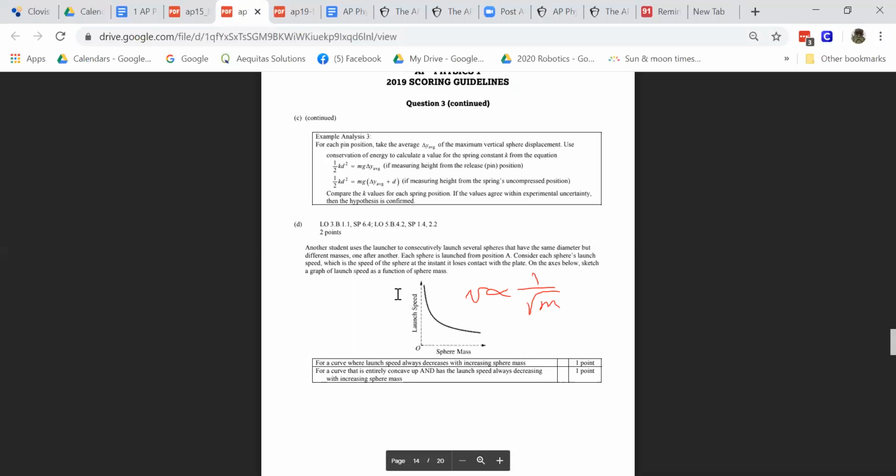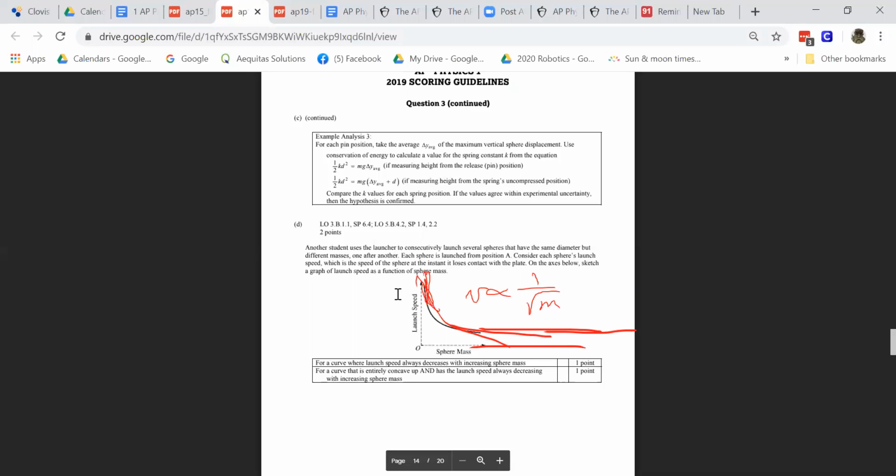I was getting a little confused, but what I did to unconfuse myself, I said, well, what if the mass is 0, then we have an infinite launch speed, which is impossible, but that means you have an asymptote right over here. And then as the mass goes to infinity, the speed is going to go down like that.